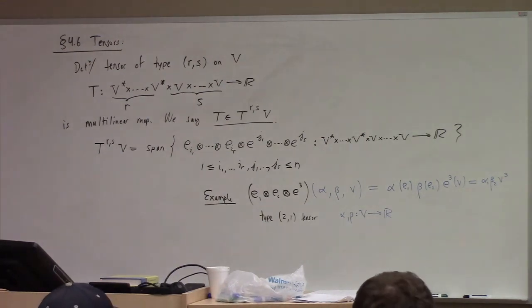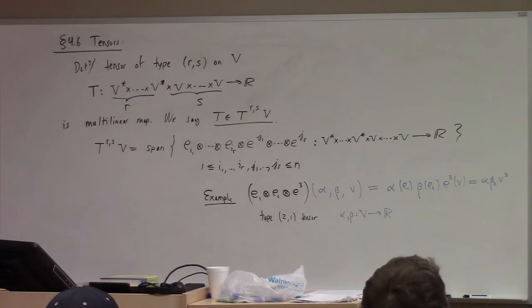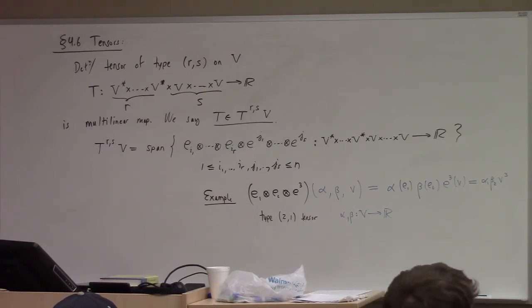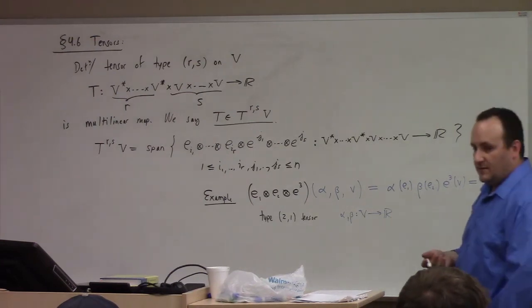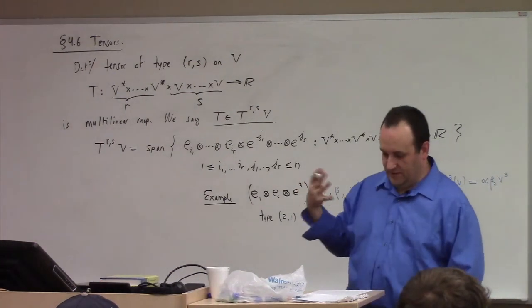They are what you get from feeding T the corresponding basis elements. For what it's worth, that's actually how you calculate the components. You just feed it the dual thing.